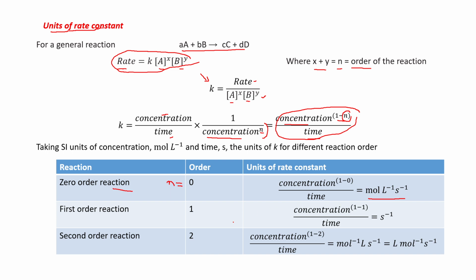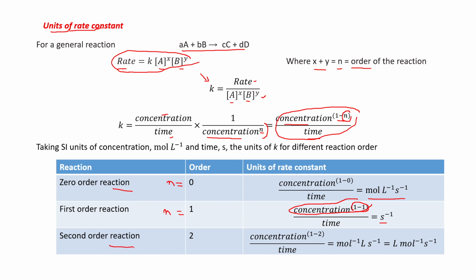Now come to first order reaction, when n is equal to 1: concentration power 1 minus 1 becomes 0, and then the whole term becomes 1 by time. It means time inverse. If time is measured in seconds, then the unit of the rate constant for a first order reaction is second inverse.